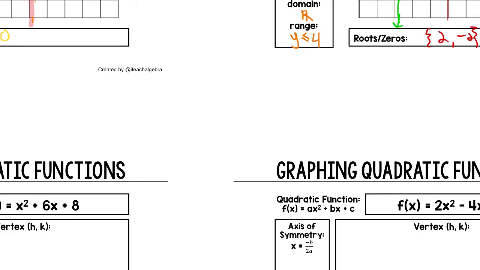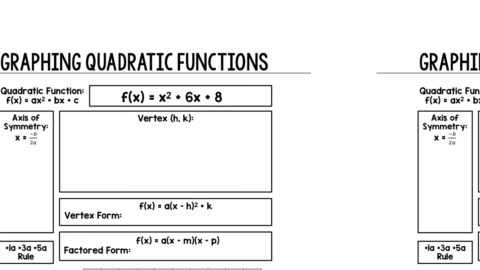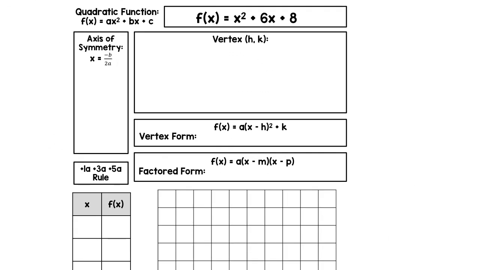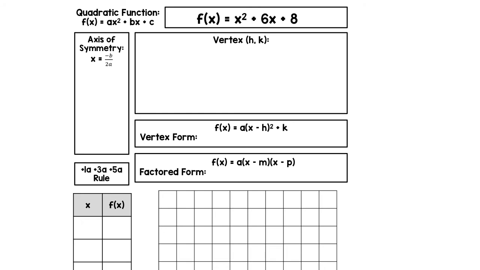Okay, let's move on to the next part here. Got a new function, f of x, which is the same as y, by the way, equals x squared plus 6x plus 8. Well, we already know a is 1, b is 6, c is 8. Axis of symmetry first.